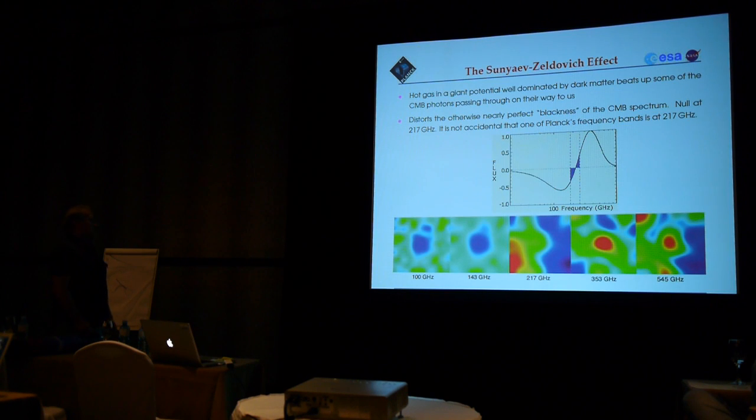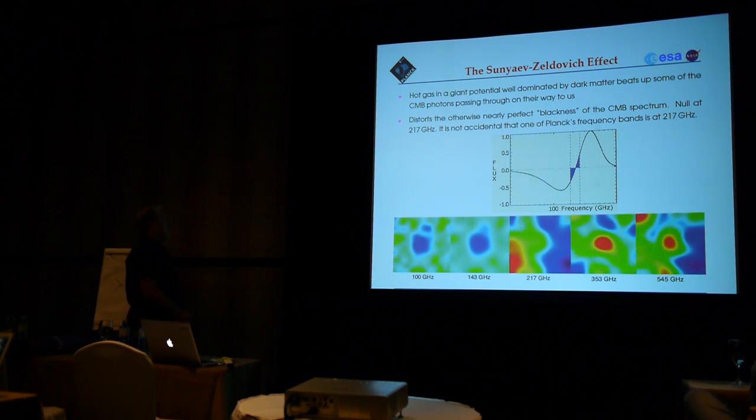So for a very long time, when CMB observations were concentrated mostly in the radiometric regime, this resulted in actual depression of temperature. So the expectation was that you look at the cluster and you're going to see it slightly colder than the environment, because the CMB photons coming through were shifted to higher energies.